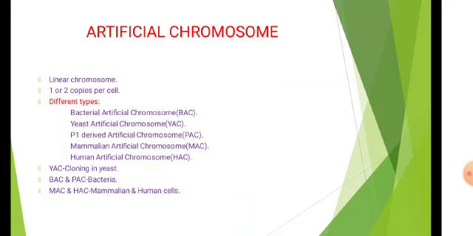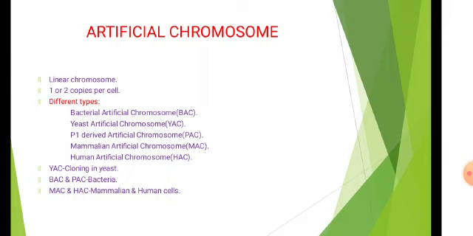The last one is the artificial chromosome. Chromosomes are colored substances, but artificial chromosomes are linear-shaped chromosomes. In these vectors, the artificial chromosomes are derived from eukaryotic cells like yeast.